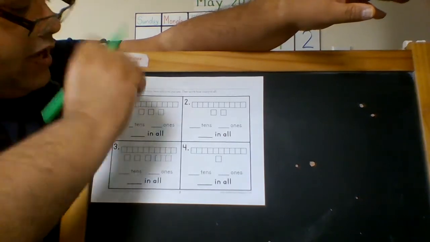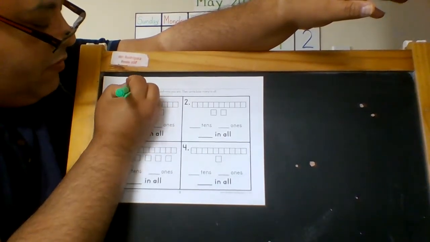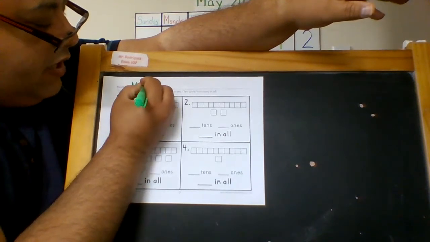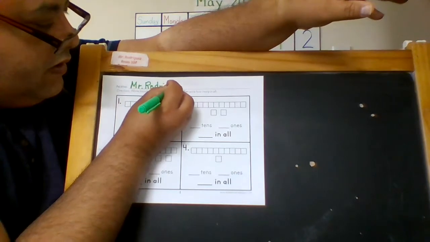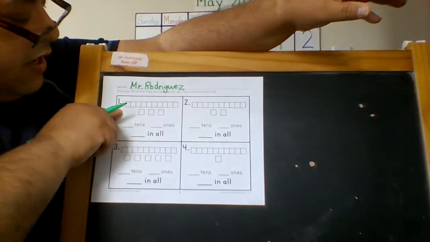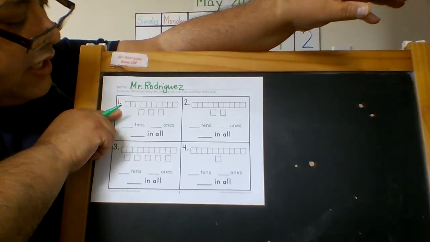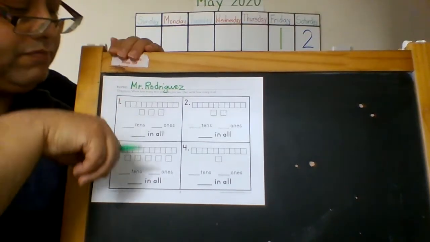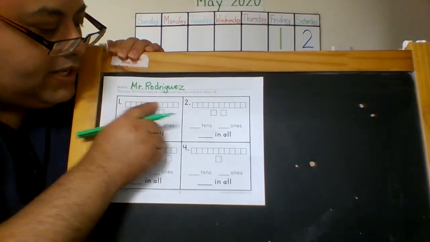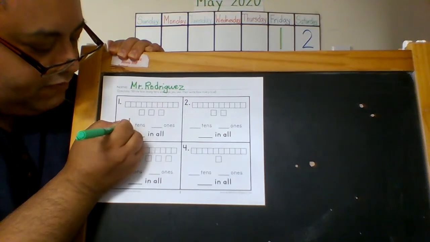Remember that, okay? Let's see what it says here. Oh, I have to write my name, Mr. Rodriguez. And the directions say, write how many tens and ones you see. Then write how many in all. So, how many tens do you see here? I see one.